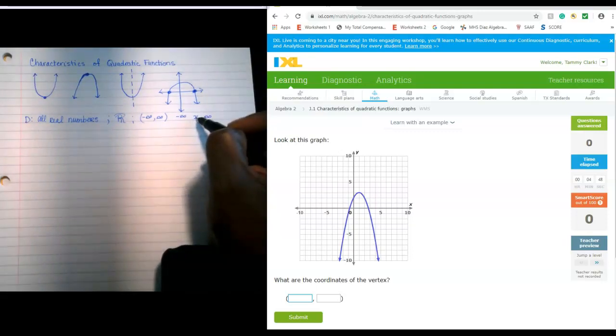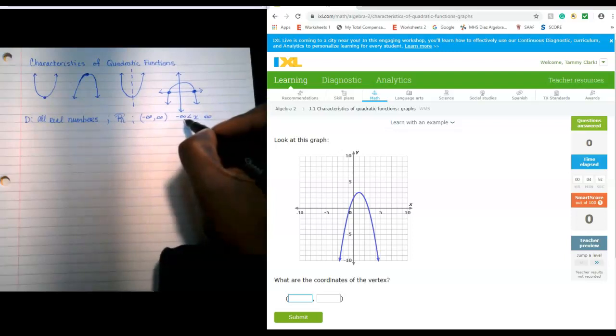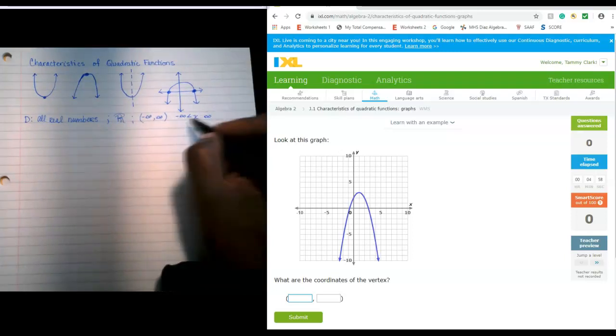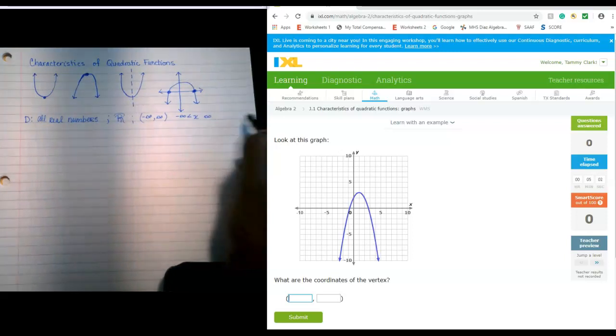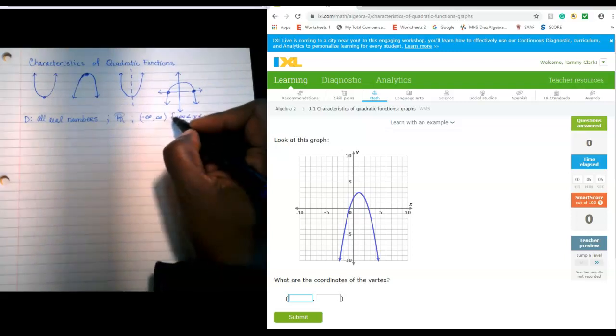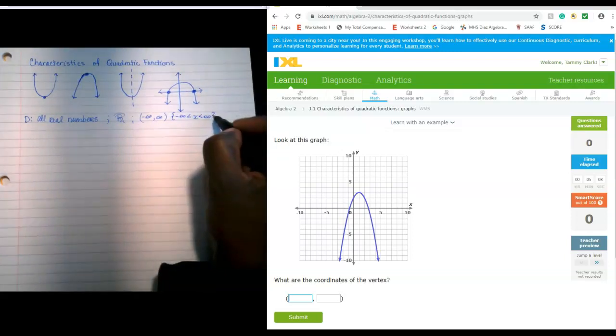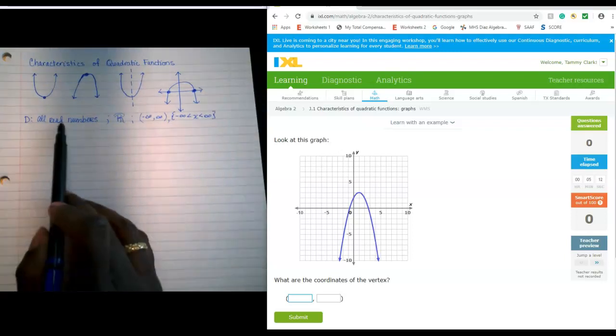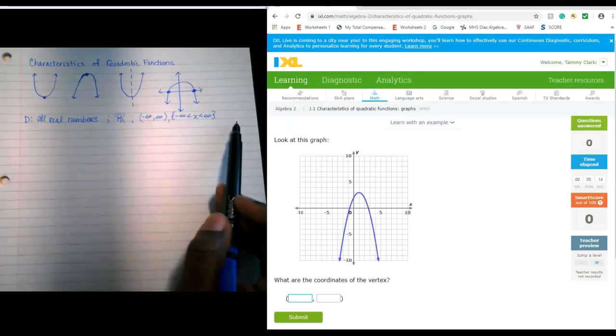All the values of x will be greater than negative infinity, and we're not going to put an equal sign because infinity is a concept, guys, not a number. And then that means that all of my values of x going right will be less than infinity, and then we have brackets that go around it. So you could see that domain represented in all of these ways.